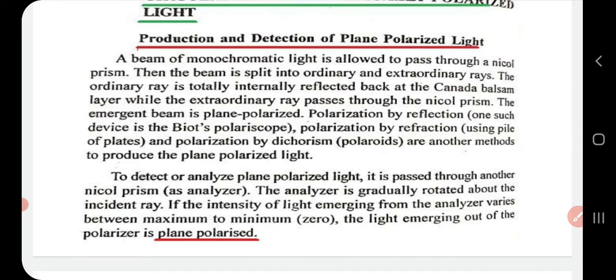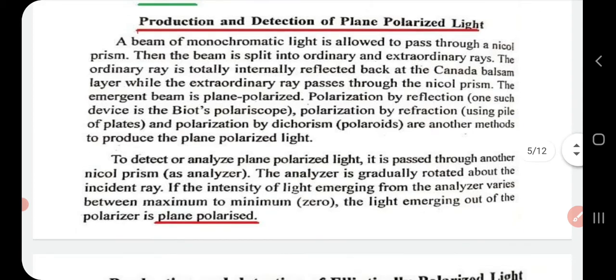A beam of monochromatic light is passed through a Nicol prism. That is the first step. On entering the prism, that beam will split into an ordinary ray and an extraordinary ray. The ordinary ray undergoes total internal reflection, whereas the extraordinary ray will pass through the Nicol prism.